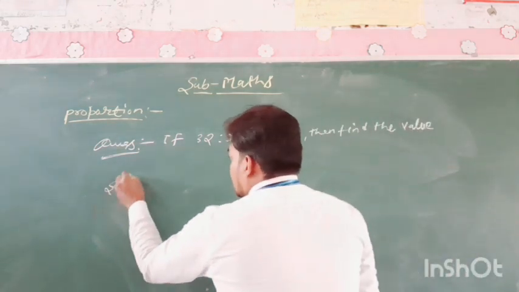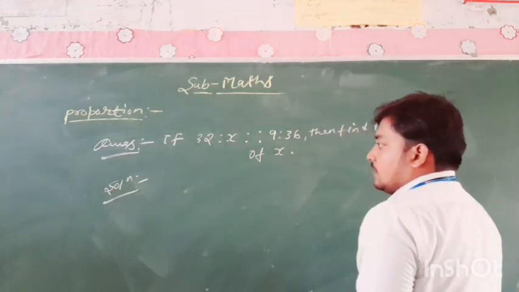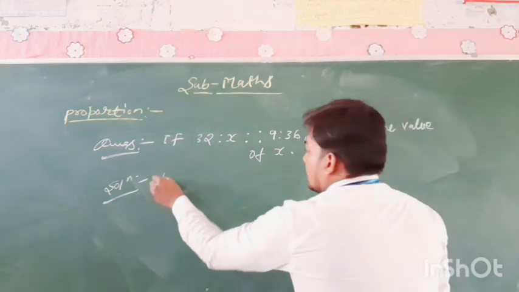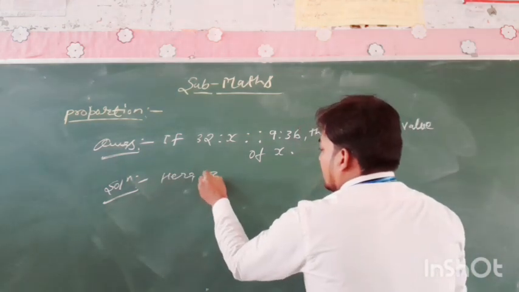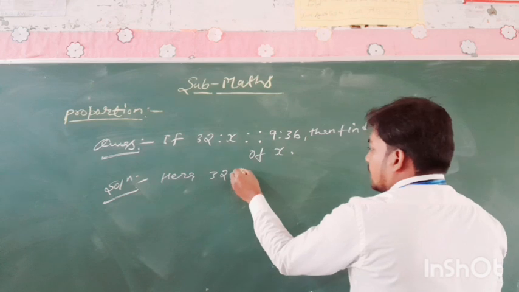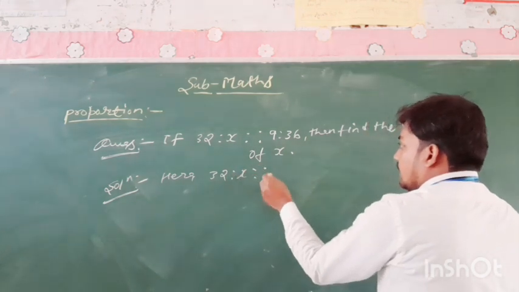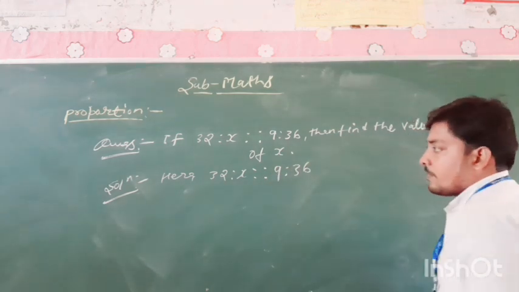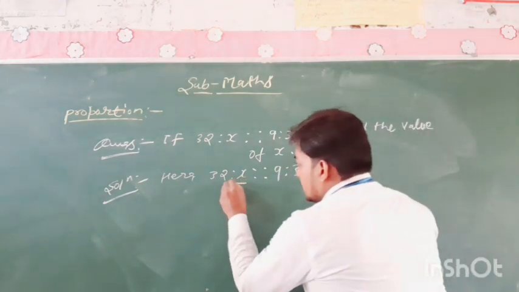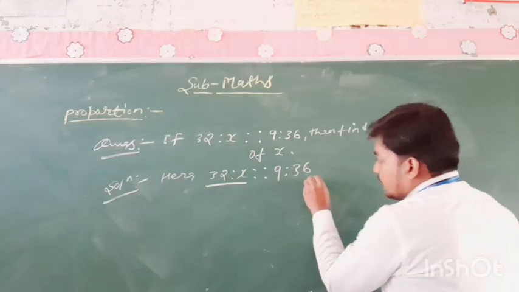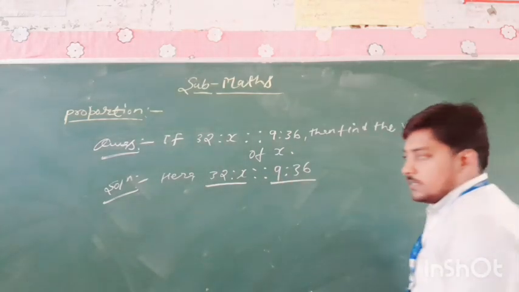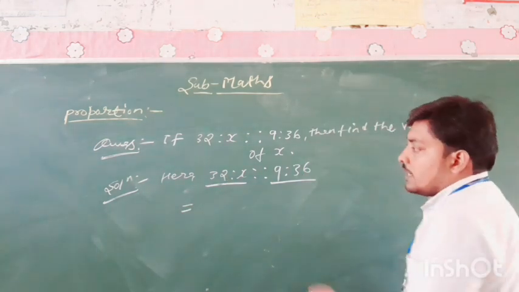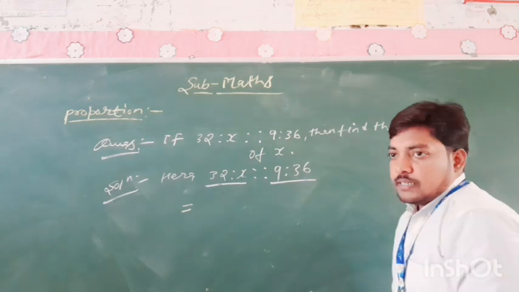In the solution of the problem, here 32 ratio x are in proportion to 9 ratio 36. This ratio is in proportion to this ratio. It means 32 and 36 are extreme terms, and x and 9 are middle terms.